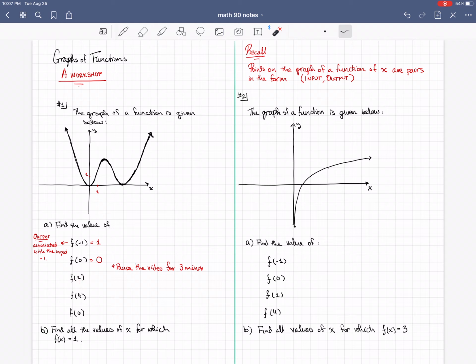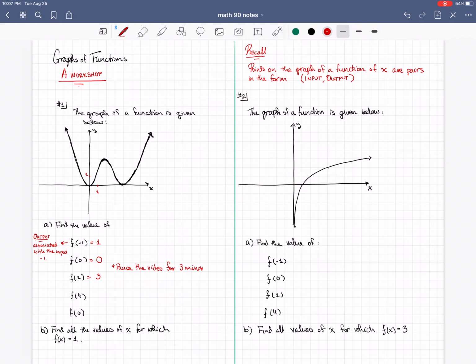Just like I did with f of negative 1 and f of 0, I'm going to find 2 on my inputs axis, on my x-axis, and then I'm going to go up to the point on the graph. All right. So there's the point on the graph, and now I'm going to dot over to the y-axis. It looks like the y-coordinate is 3. So f of 2 is 3.